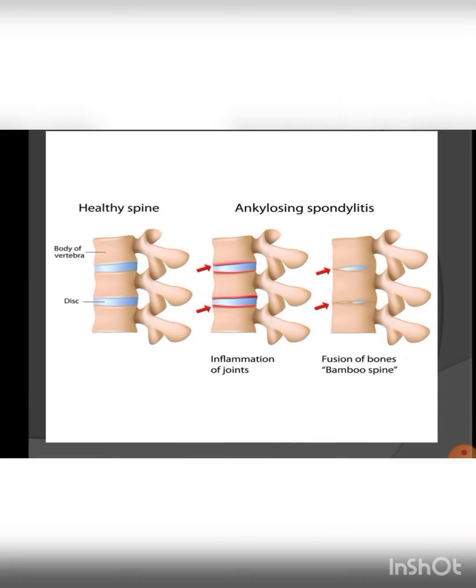These two vertebrae are joined together and fused, and this is known as ankylosis. Ankylosing is a name derived from the ankylosis which occurs in the spine. So the spine has ankylosis, and the fused spine has the shape of a bamboo tree, a bamboo spine.